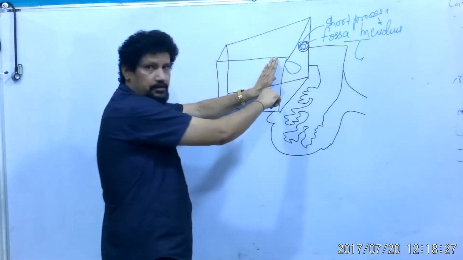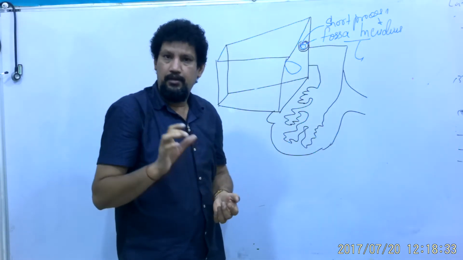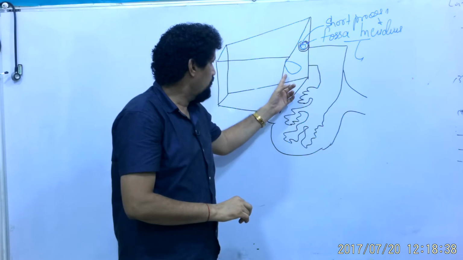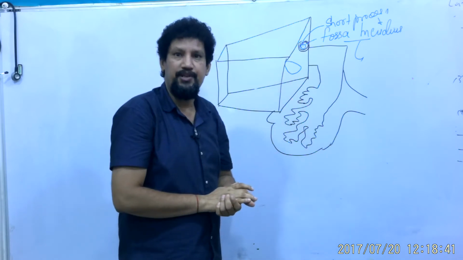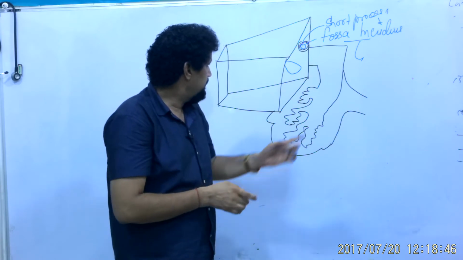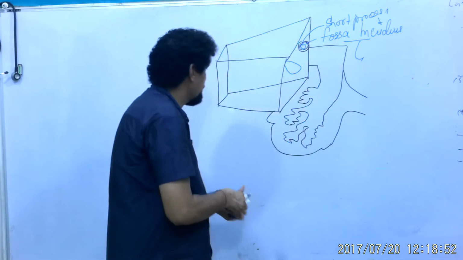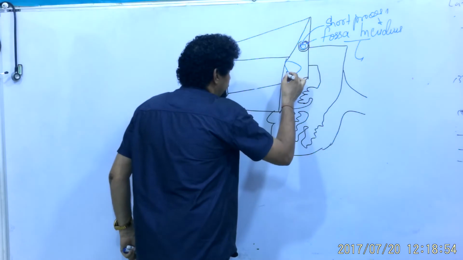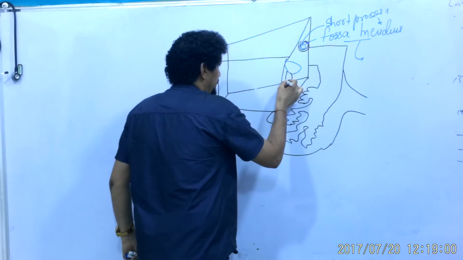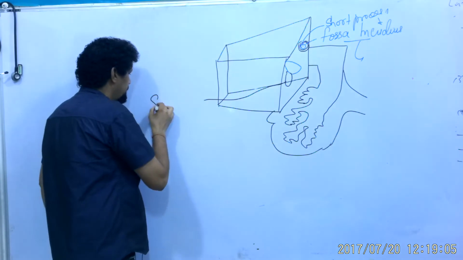This junction is having the pyramid. There is a canal. The lower part of this canal accommodates the stapedius muscle.